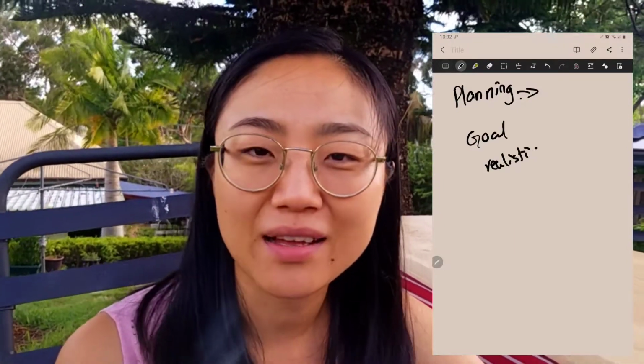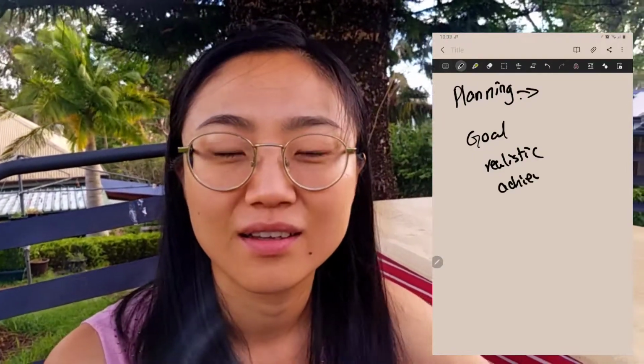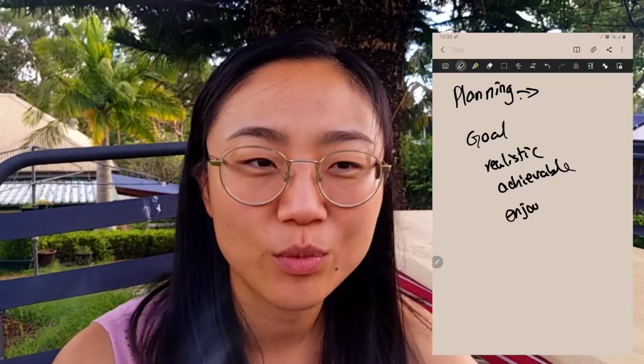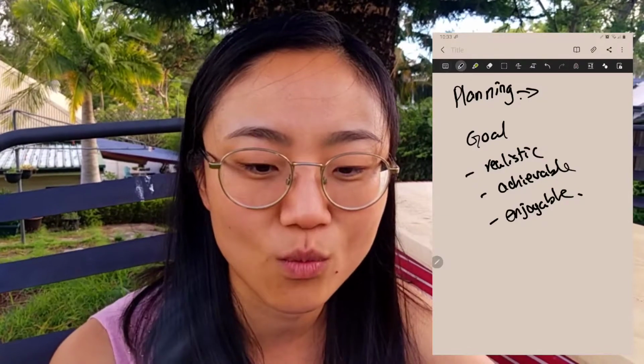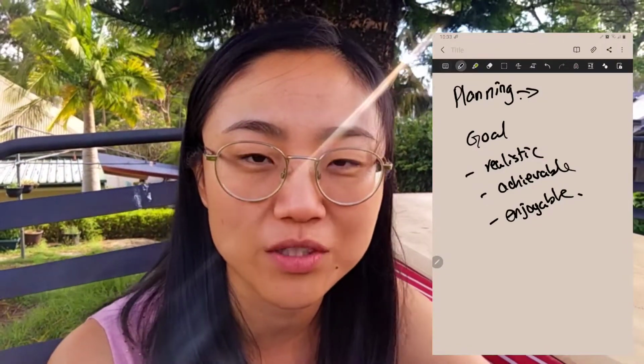You don't want to set something that is unachievable, unattainable. If you want to speak like a native speaker in just one month's time, that's just not realistic, not possible.